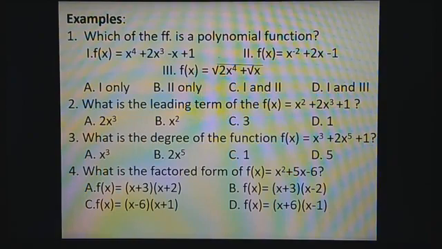Ibig sabihin, hanapin mo muna kung ano yung term na mayroong highest exponent at hindi siya x squared, dahil yung sunod ay 2x raised to 3. Mas malaki yung power ni 2x raised to 3 kaysa sa x squared. So, ang ating leading term ngayon ay letter A, which is 2x cubed, not x squared.